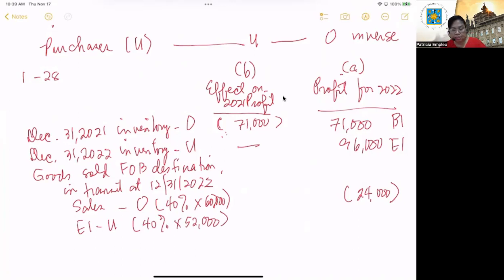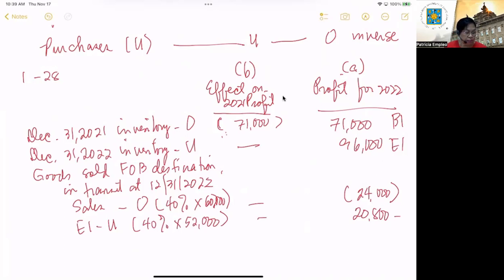And 40% of 52,000 is 20,800. So if ending inventory is understated, then your profit is understated. Of course, there is no effect on 2021 profit as this error was committed at the end of 2022.